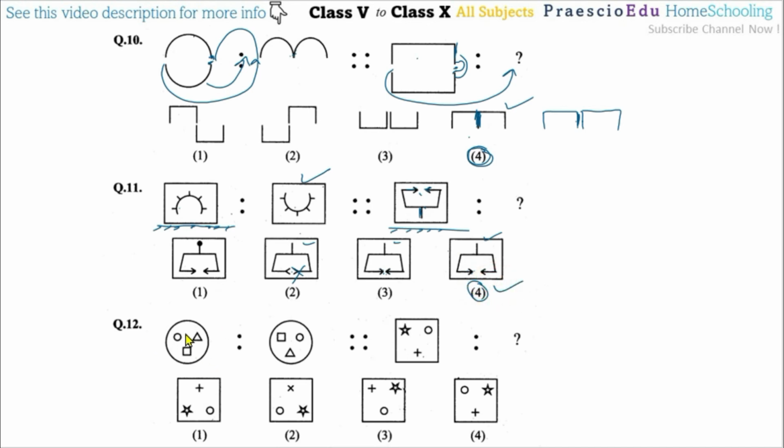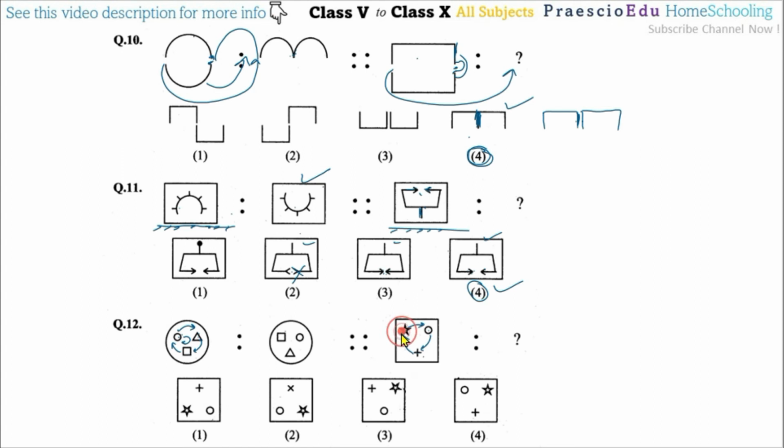Now question number 12. In these two figures, the circle and triangles, all are rotating, or we can say replacing their positions, in a clockwise direction. So the triangle replaces the circle, the square replaces the circle, and the circle replaces the triangle. We will keep the same clockwise direction. So the star replaces the circle, the circle replaces this positive sign, and this positive sign replaces the star.